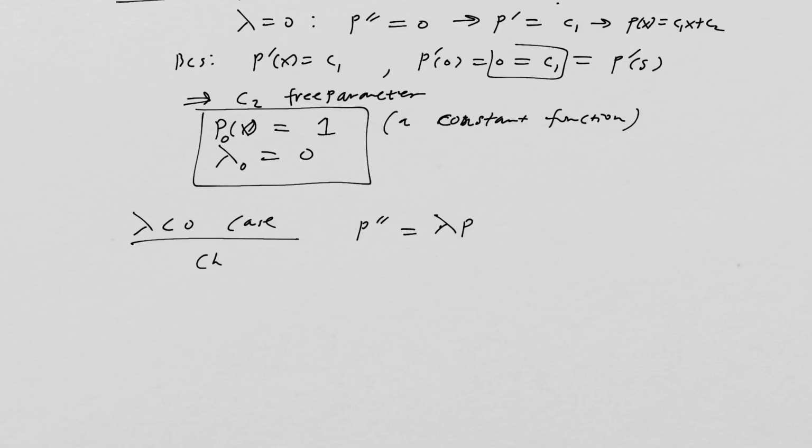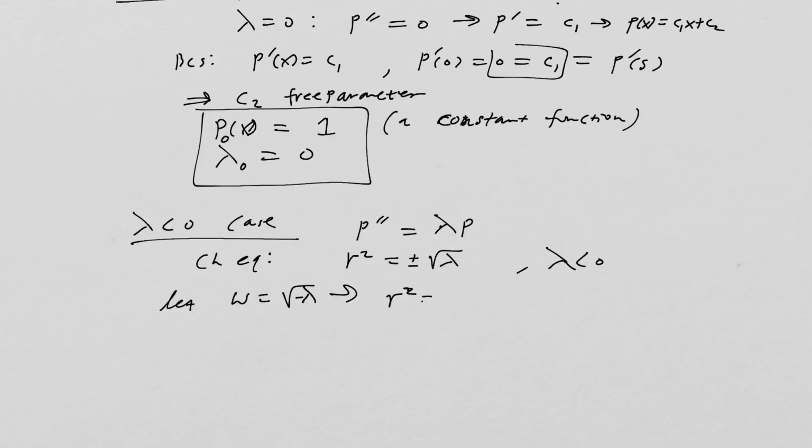if we have the characteristic equation, we're going to get r squared is equal to lambda. Lambda is less than 0. So what we always do is let omega equal root negative lambda. This is always the trick we use.